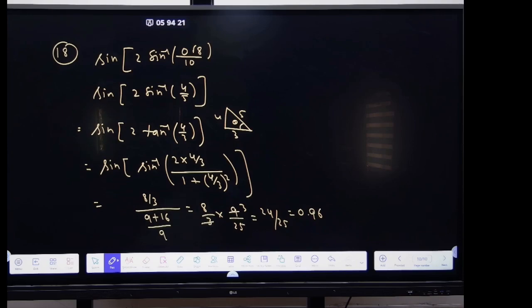What is the answer? Should I solve? Did you get the answer?